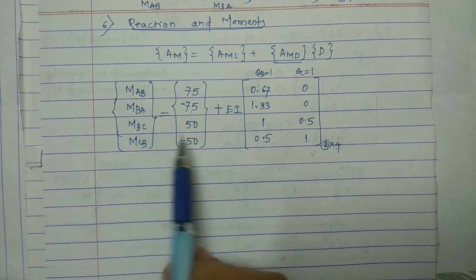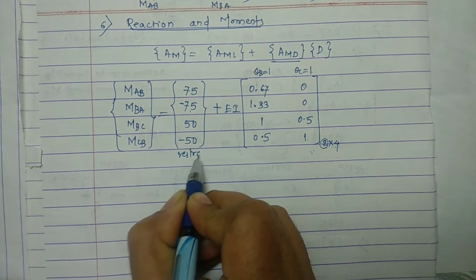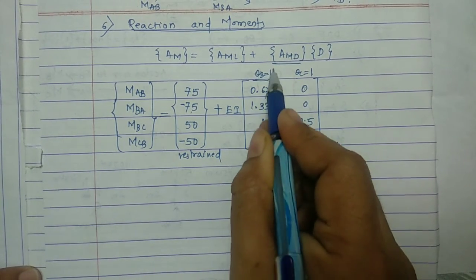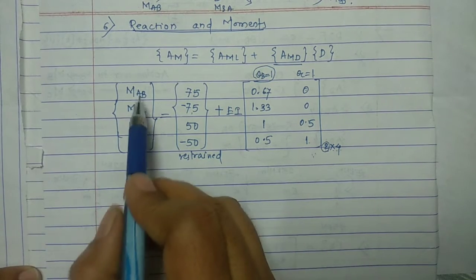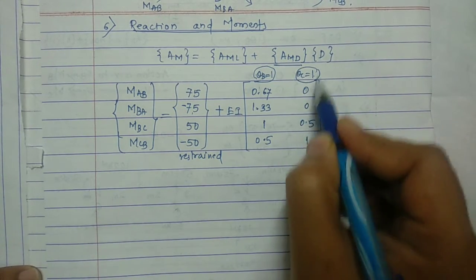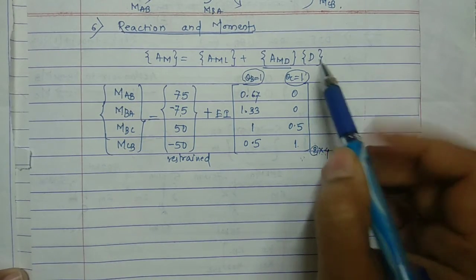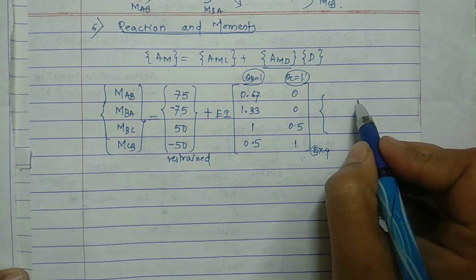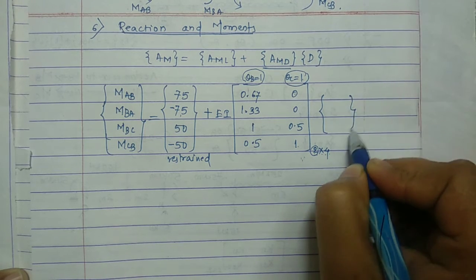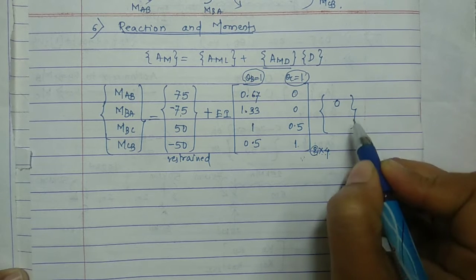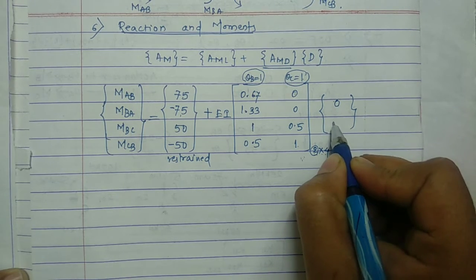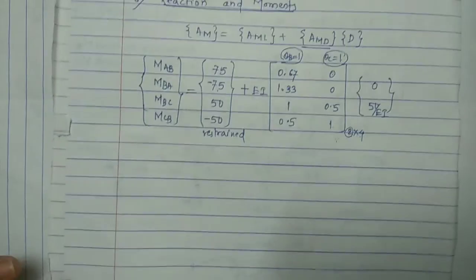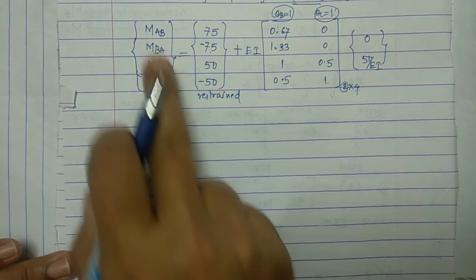So values of these moments from the restraint structure, values of the same 4 moments from this figure when theta B equal to 1, values of the same moments when theta C equal to 1, these values into this D. So D matrix, that is your unknown matrix from the previous equation, that is theta B is 0, theta C value is 50 upon EI. Okay, so do the calculation of this one.